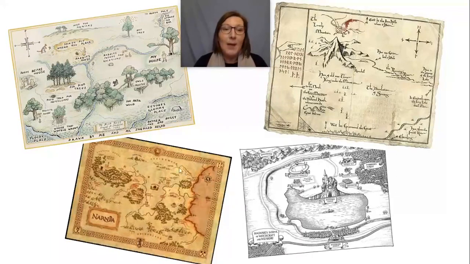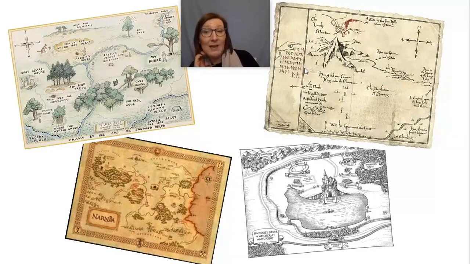So, for example, in Winnie the Pooh, we've got the 100 Acre Wood, Eeyore's Gloomy Place, Piglet's house, and Pooh's house. Over here we have the mountain that they all travel to in the Lord of the Rings.